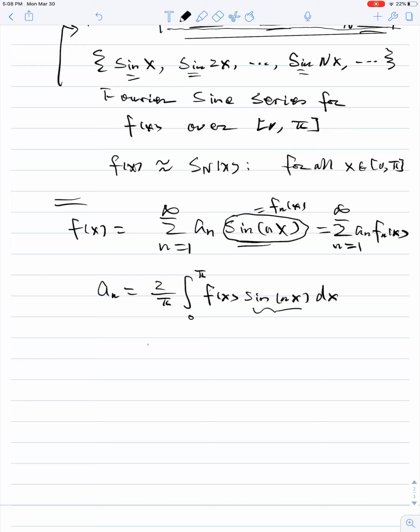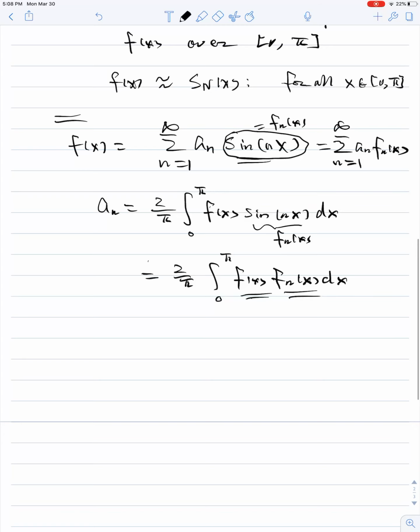We write this as fn(x), so an is 2 over pi times the integral from 0 to pi of f(x) fn(x) dx. So this is the integral of the product of this function against the basic functions.